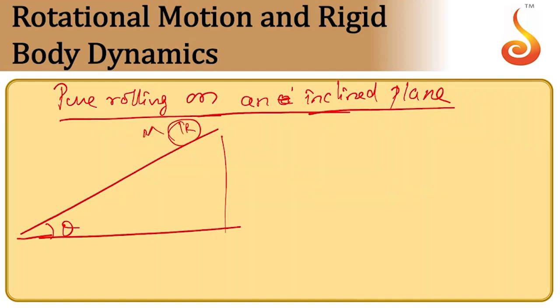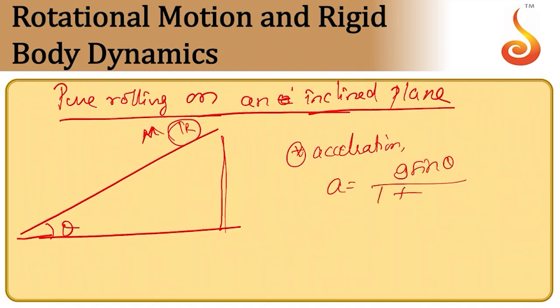It can be a sphere or cylinder or ring, anything that can undergo pure rolling. So some important equations which are worth remembering are here. Number one, acceleration a is equal to g sin theta divided by 1 plus k square divided by r square.